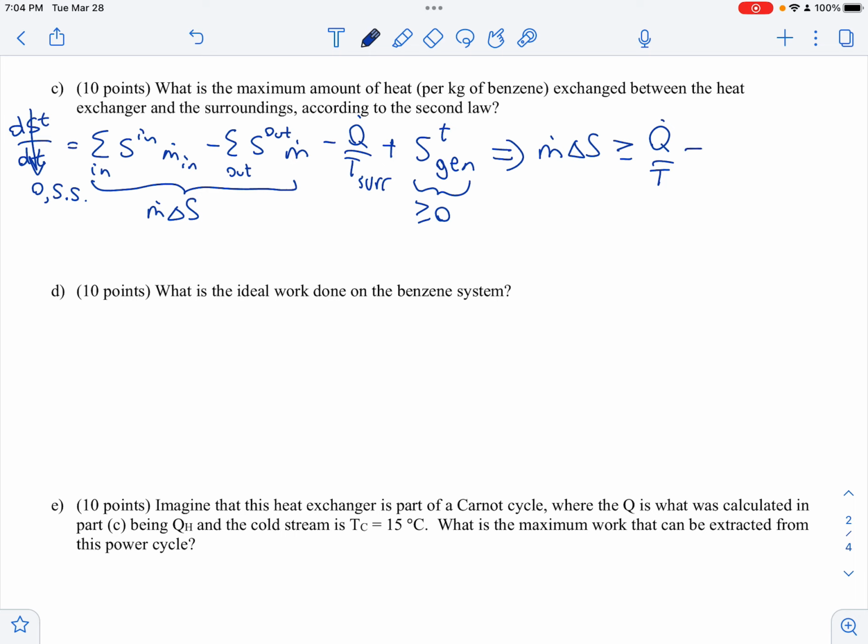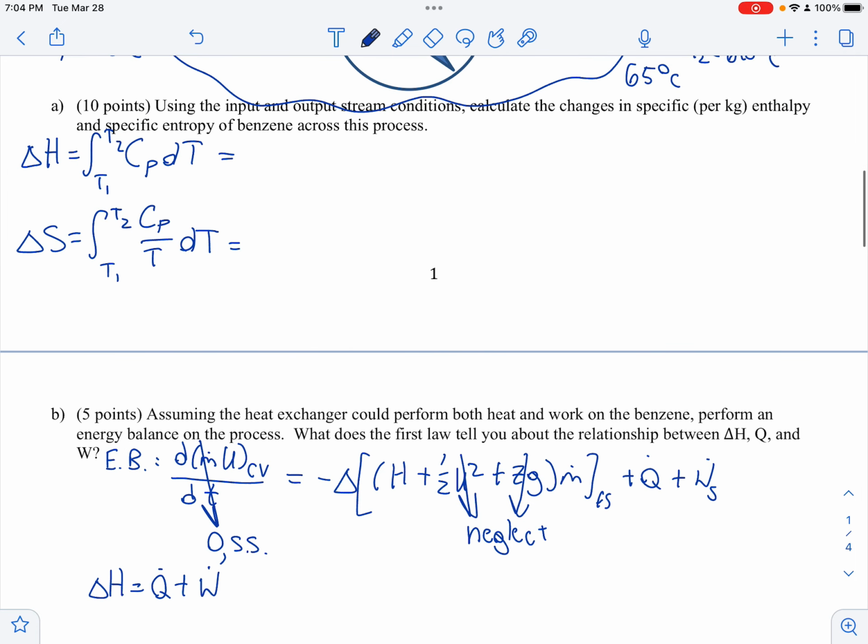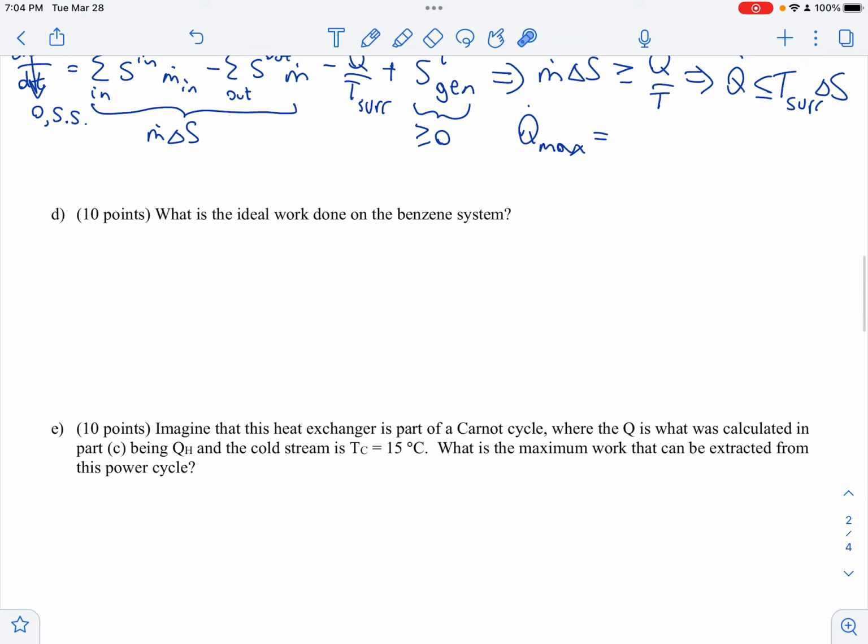So what this tells us is that Q is less than or equal to T surroundings delta S. And so Q max, the largest possible value of Q, which is what the question asks us for, is going to be T surroundings times delta S. And delta S would have been calculated in this problem. So we will come back to that.